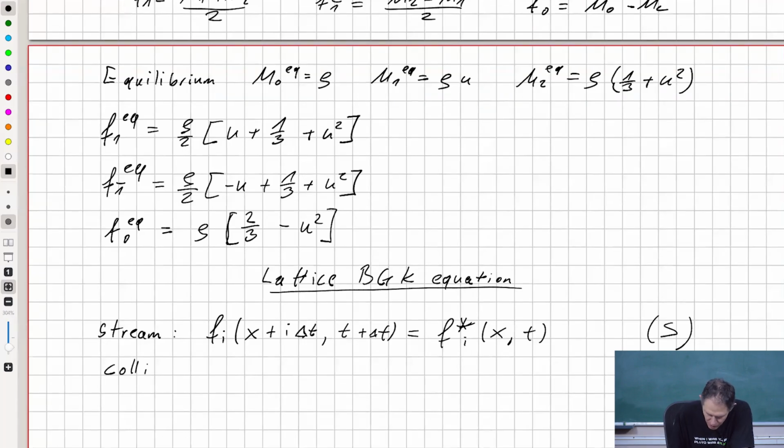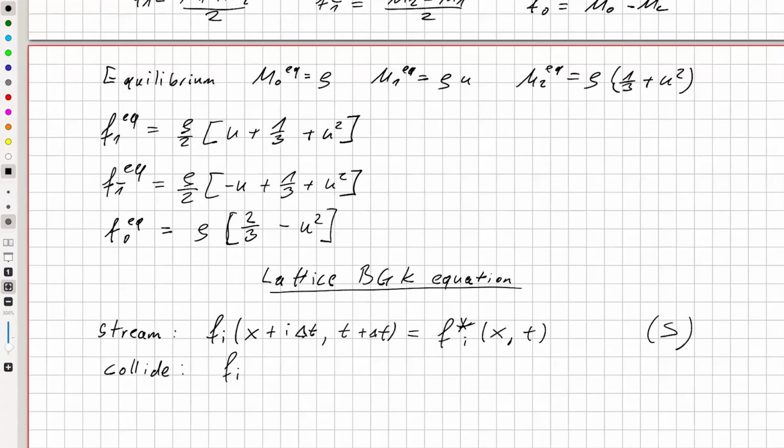And then we have a collide. In this collide, we apply the BGK operator. So we collide at position x and t. We say this is pre-collision at x and t plus omega times the equilibrium at x and t minus the thing itself at x and t.